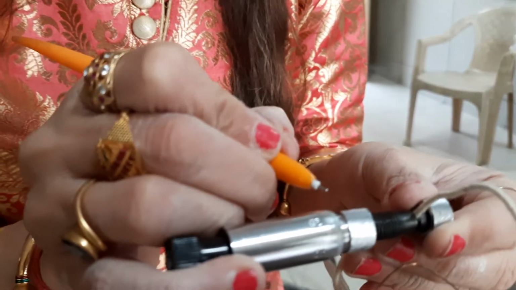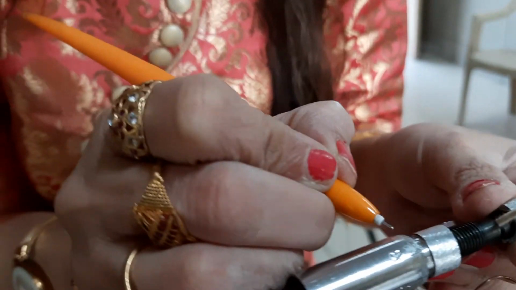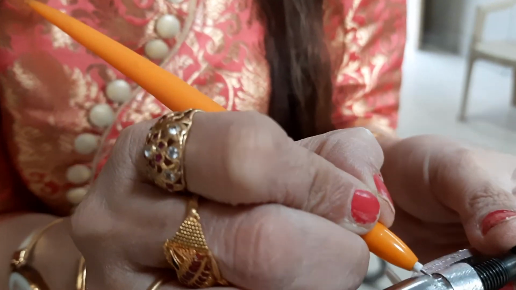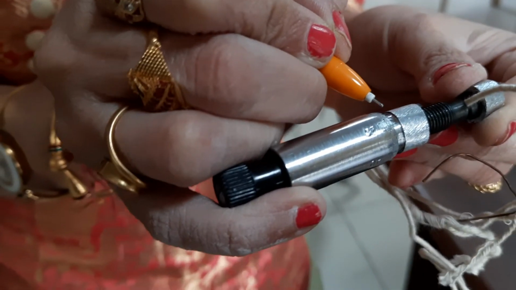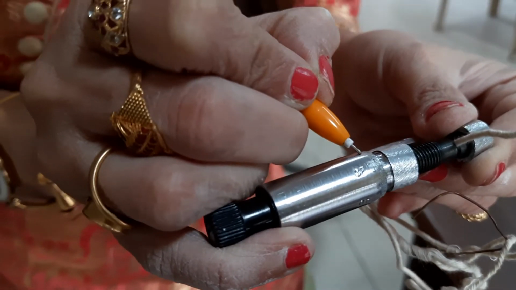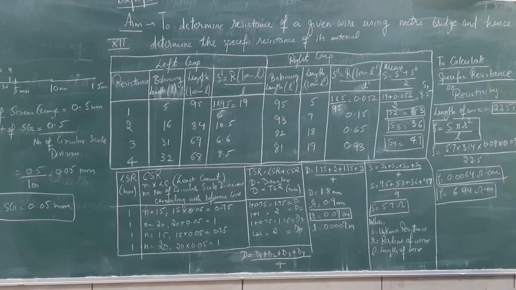So it coincides with this division and this is your 0, 5. So this is the reference line and it coincides with the 5th division of the circular scale. So students, this will be the reading for the screw gauge.